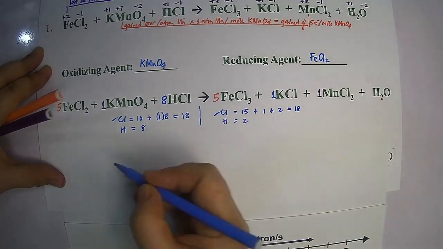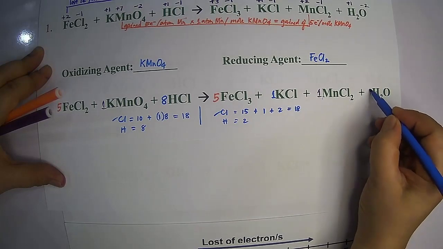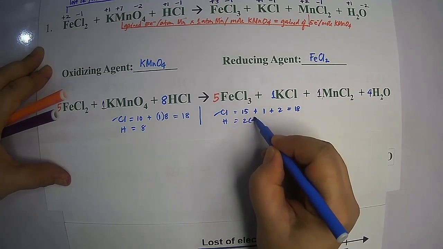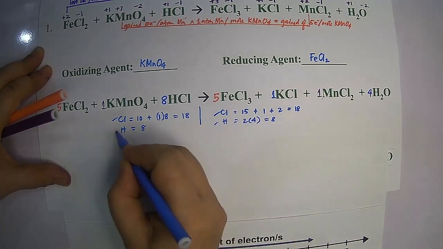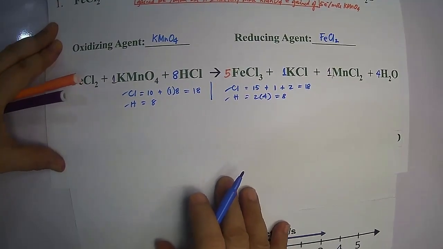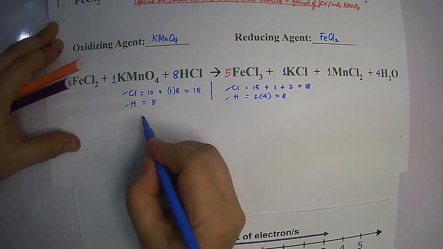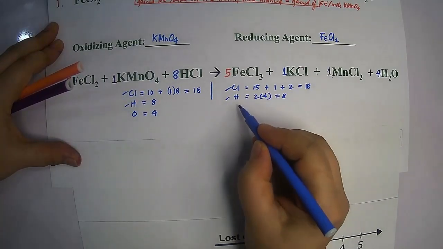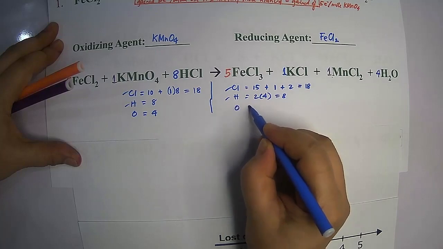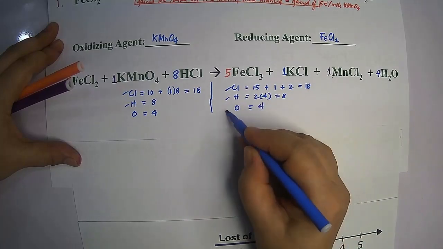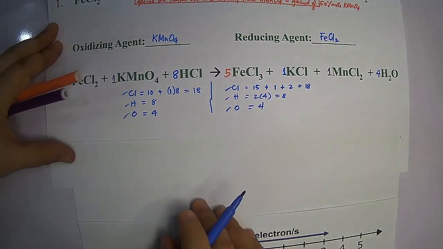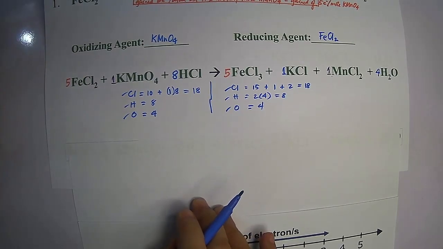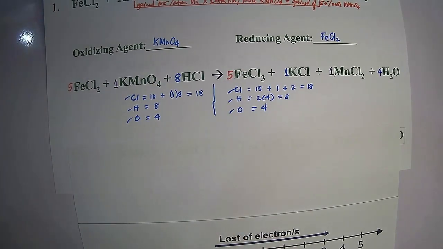To balance the number of hydrogen, we have to multiply this by 4, to make it 8. The next is we balance the oxygen. We have 4 here, and on the other side, oxygen, we have 4. So balanced. But you are not allowed to write the coefficient 1. If the coefficient is 1, you don't need to write it. So we have to rewrite.